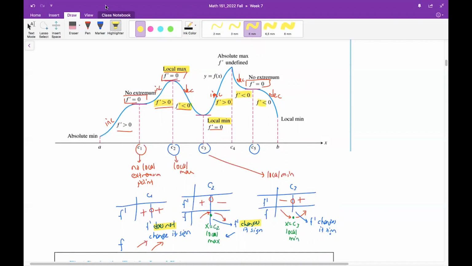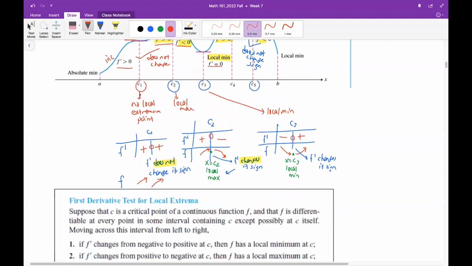It does not change sign. That's why there is no local extremum point here, okay? And the similar case happened here, remember? At the first point, again, first derivative positive, positive doesn't change sign. That's why there is no local extremum point there, okay?